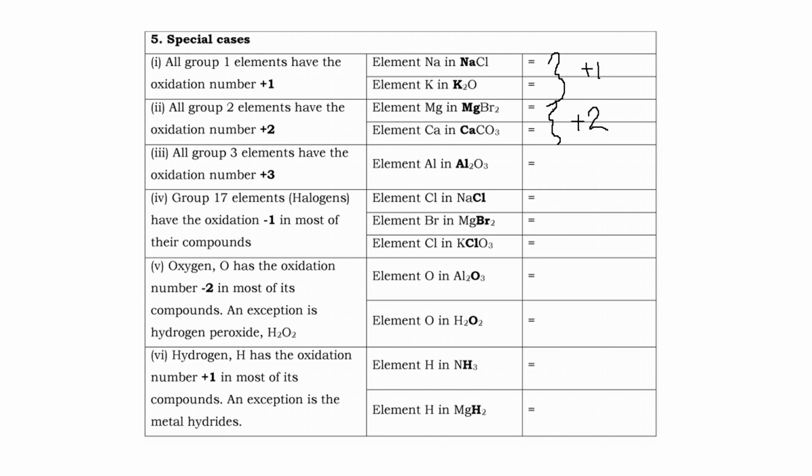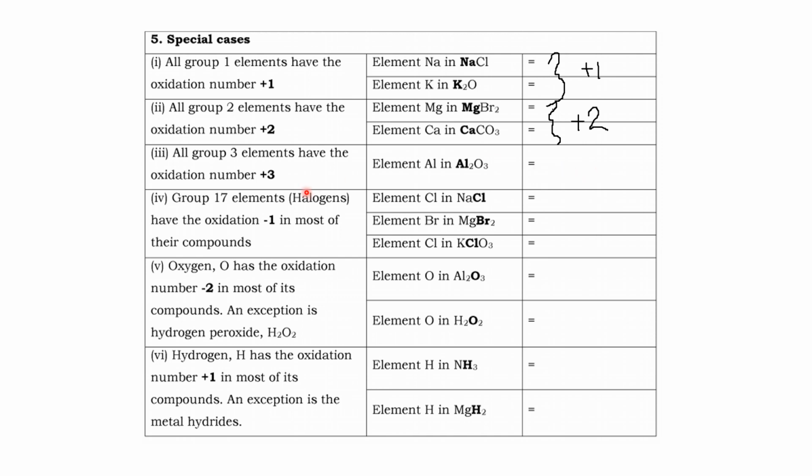Next, all group 3 elements have the oxidation number of plus 3. For example, an element in group 3 is aluminium, so the oxidation number for aluminium is always plus 3.